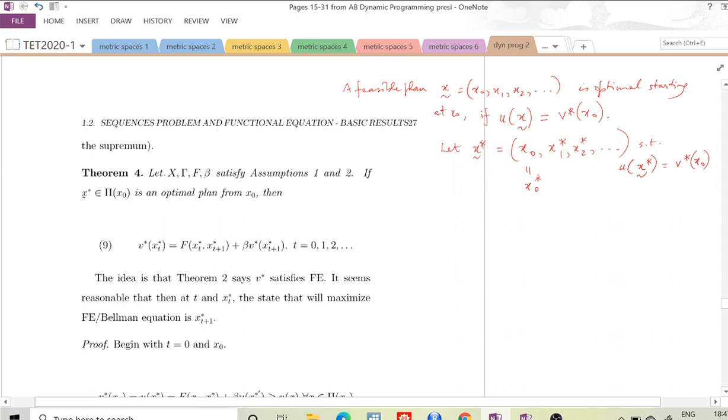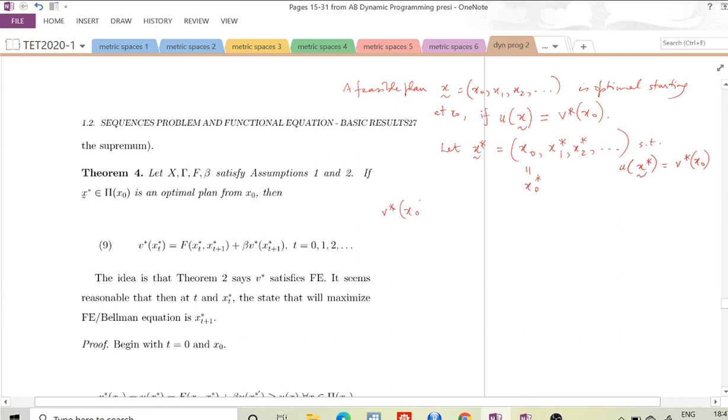So theorem 4 says that if x tilde star is a feasible plan that is an optimal plan from x naught, then this set of equations is satisfied. What is that? We start at x naught.